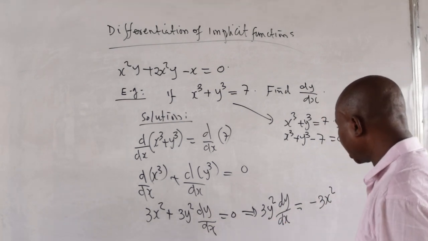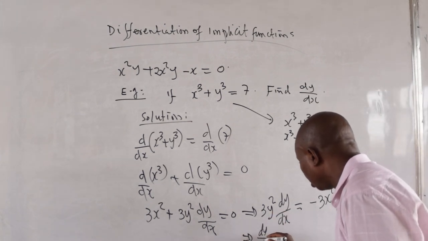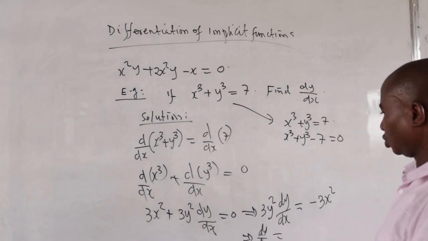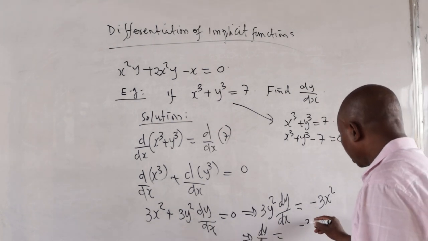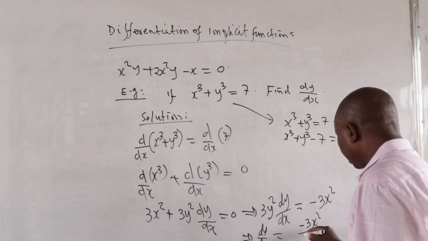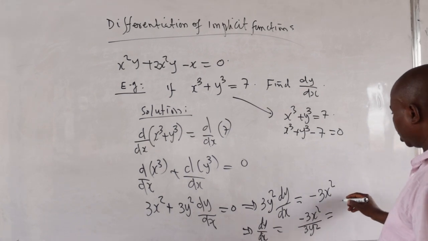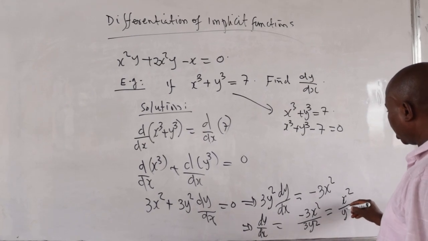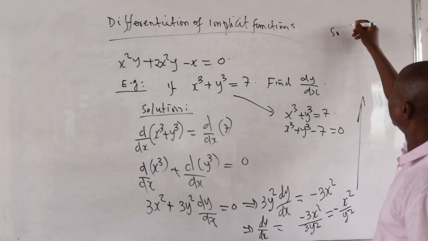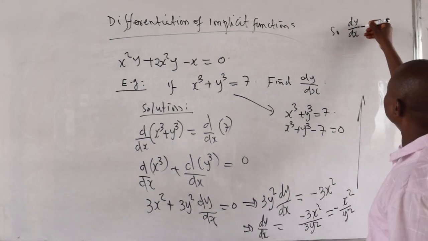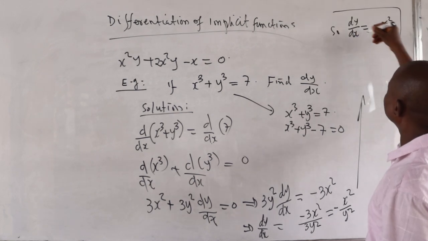And so we divide both sides by 3y squared, and that says dy by dx is equal to minus 3x squared divided by 3y squared. But this is nothing but x squared divided by y squared with a negative. So dy by dx is simply minus x squared divided by y squared. So this is the result.